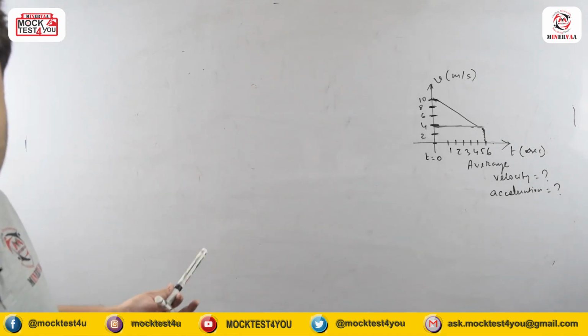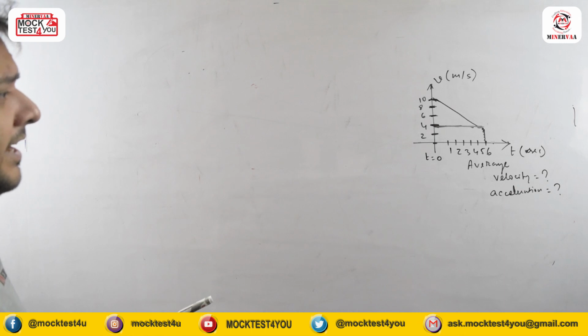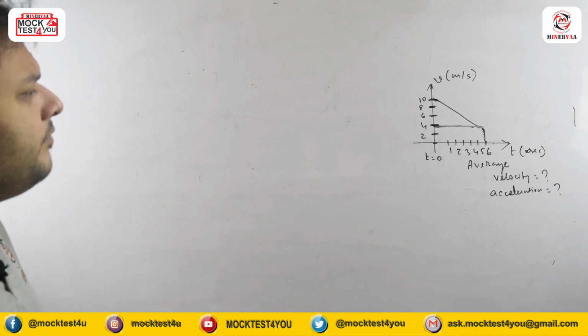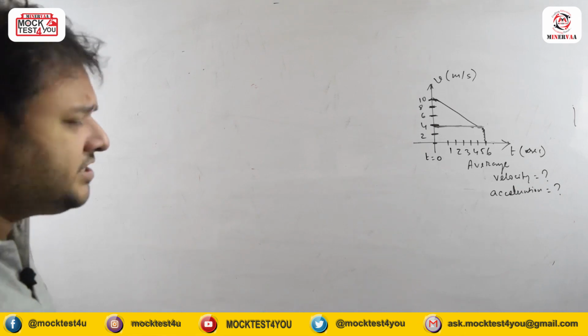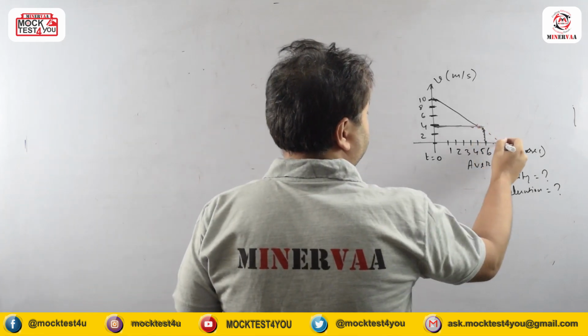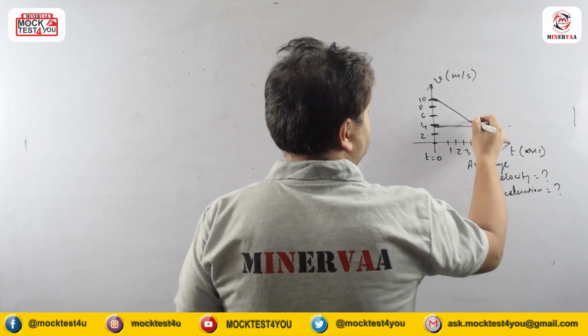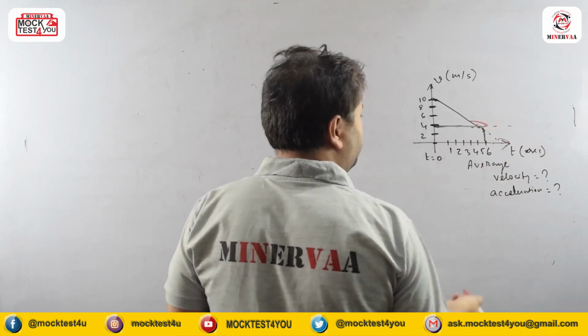So this cannot be acceleration. Yes, it can be negative acceleration, but it is actually retardation. So acceleration will come negative definitely. So if I want to have the acceleration or retardation, I could find out the angle it makes with the positive x-axis. So we don't need it actually.